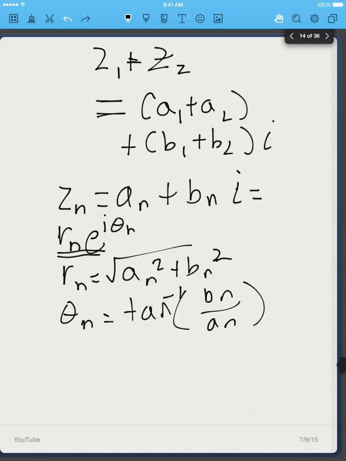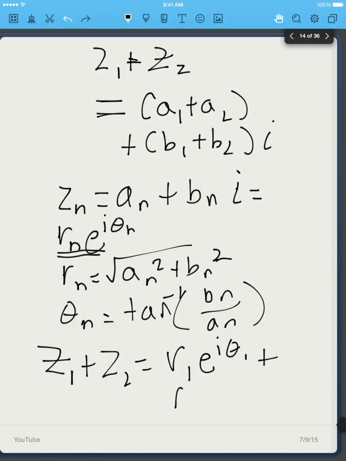So if we had z1 plus z2, that would be equal to r1 e to the i theta 1 plus r2 e to the i theta 2.